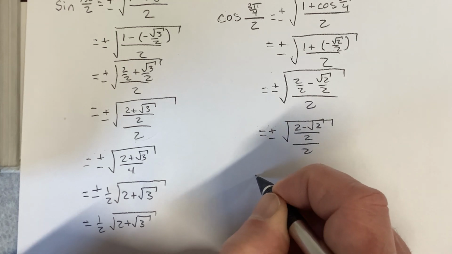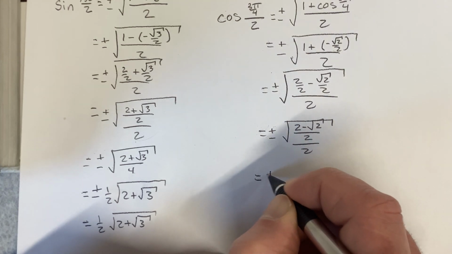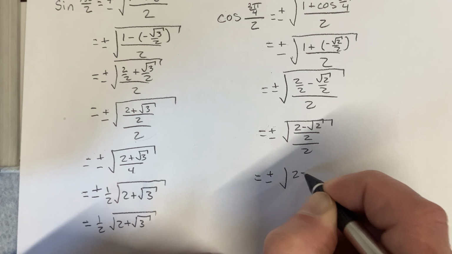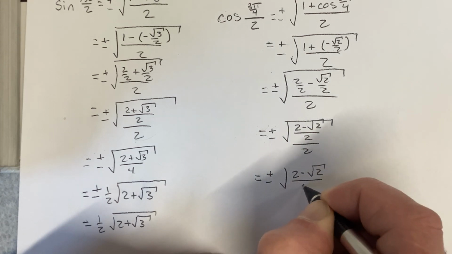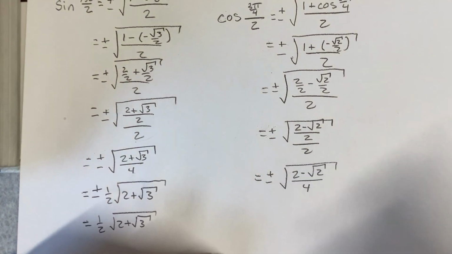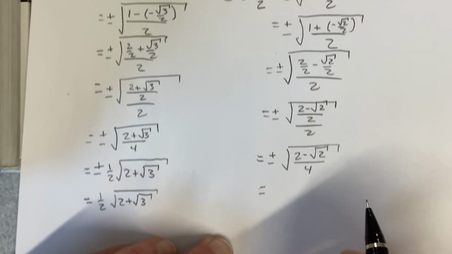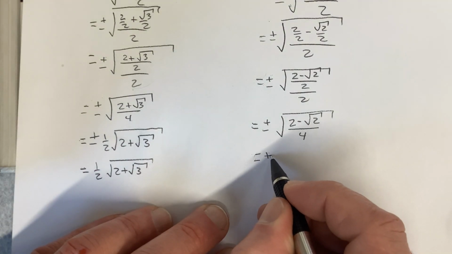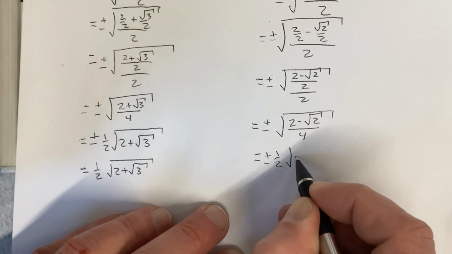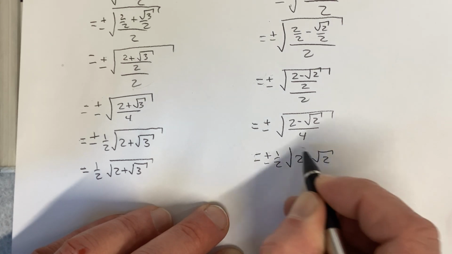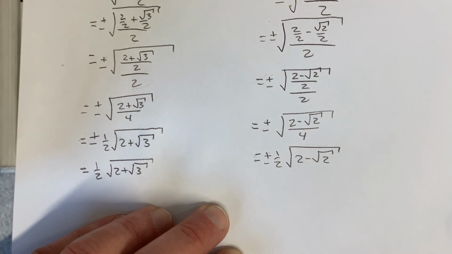Keep, change, flip. We're back to this. Right, we can take the square root of this 1/4. Okay, and then again, how do we decide this?